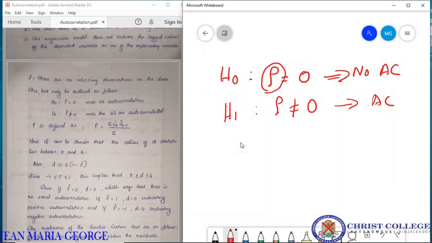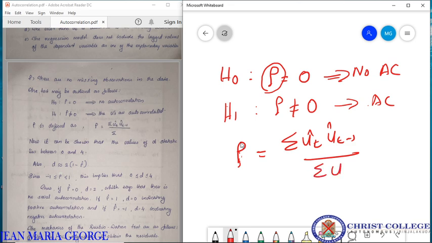Now, we know that rho is the coefficient of autocorrelation. It is defined as sigma u hat t into u hat t minus 1 divided by sigma u hat t square. So this is the equation for our coefficient of autocorrelation rho.